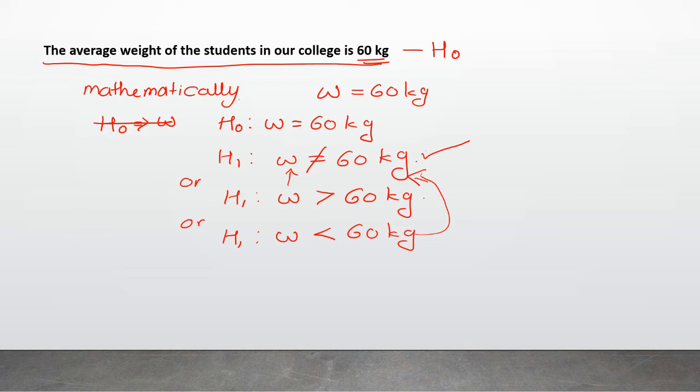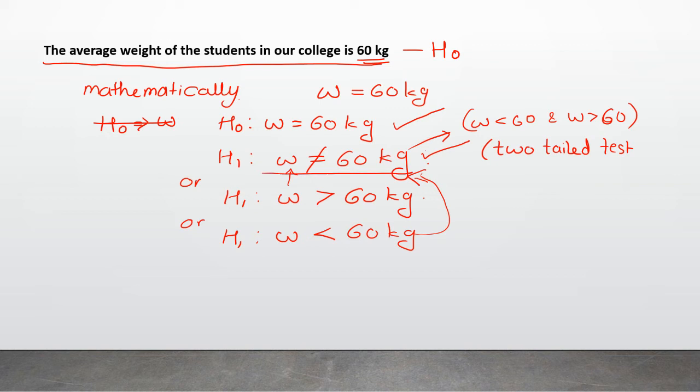So when my null hypothesis is weight equals 60 kg, and I put H1 as weight not equal to 60 kg, this is called a two-tailed test. In this example, both weight less than 60 and weight greater than 60 are covered.